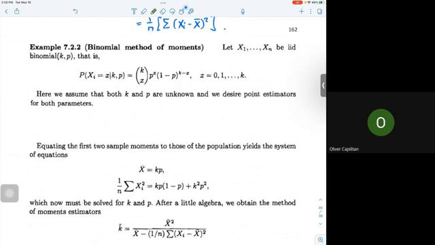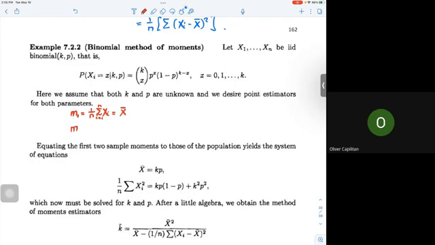Okay, so here we assume that both k and p are unknown, and we desire the point estimators for both parameters. Okay, so if we're going to solve for the first sample moment, we have m sub 1, by definition 1 over n, the summation of x sub i from 1 up to n. Okay, so in this case, it is equal to the sample mean x bar.